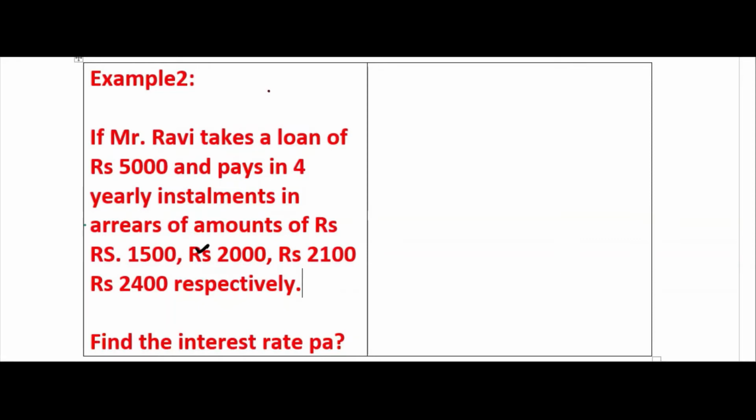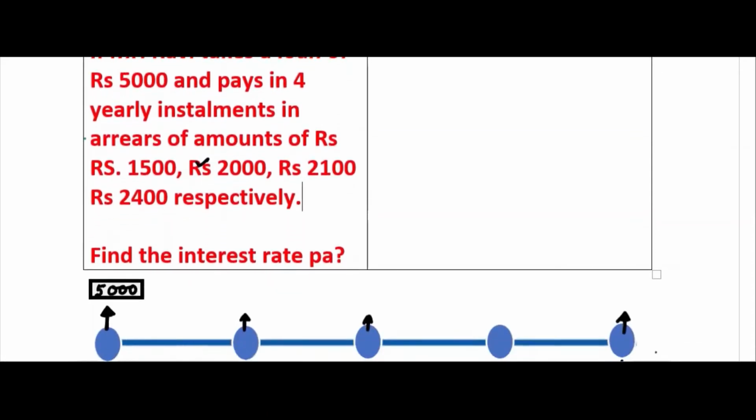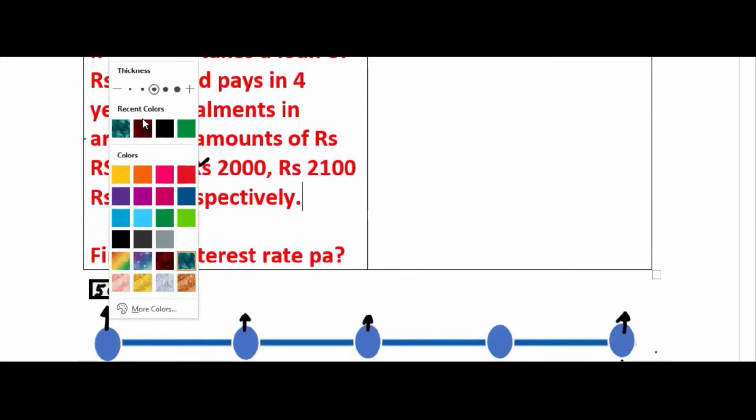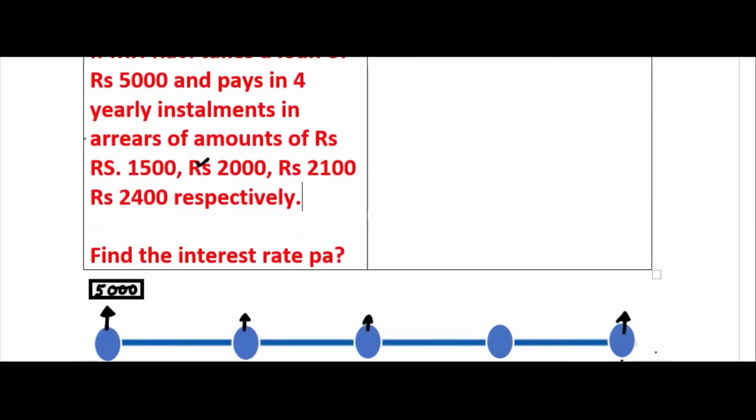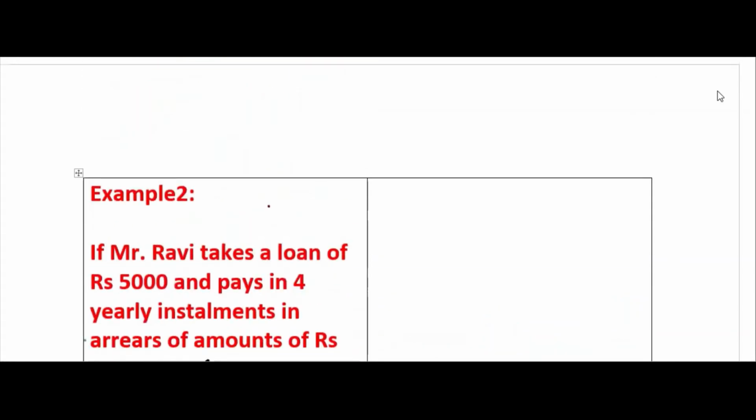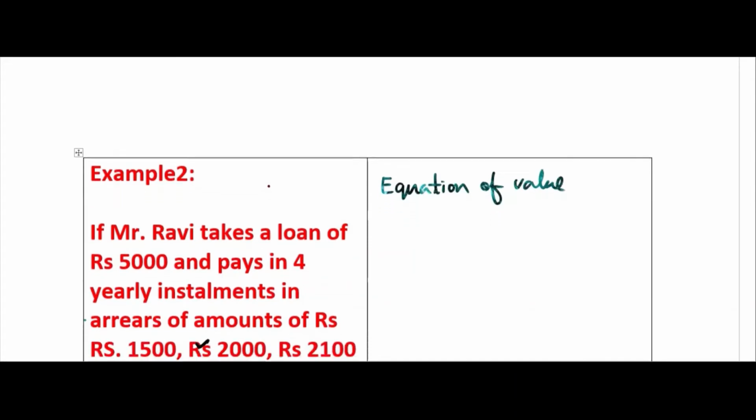Okay. Let me write all the amounts here. 1500, 2000, this is the first one, then 2000, then 2100, then 2400. So let me write equation of value. This is called equation of value. I have to solve this equation of value.